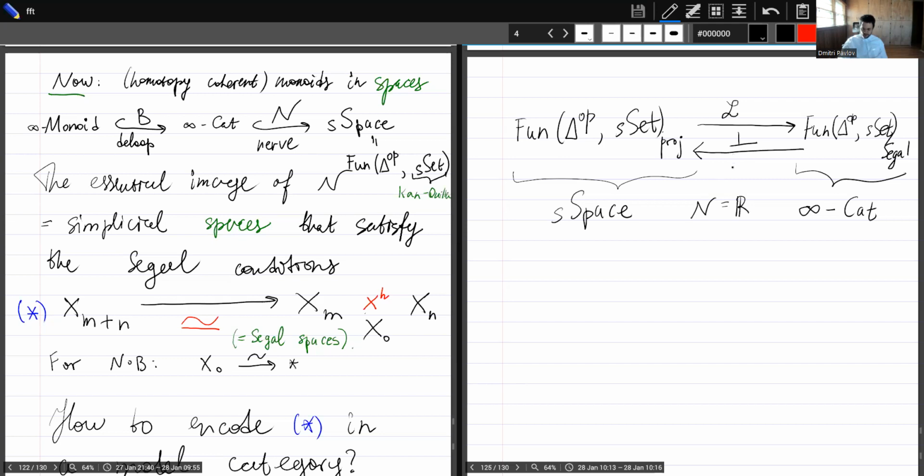So let me call it maybe curly R. So its right derived functor, which, if you may recall, we previously defined as a precomposition with the fibrant replacement functor. Oh my god, this is terrible. The fibrant replacement functor will also be denoted by R. So let me pick a different letter. This is too much.